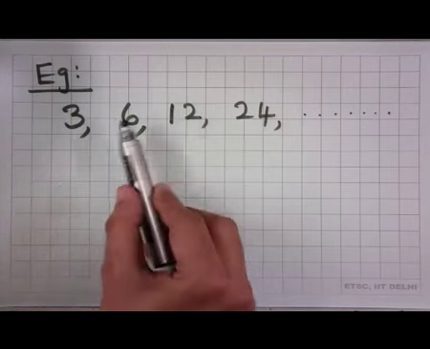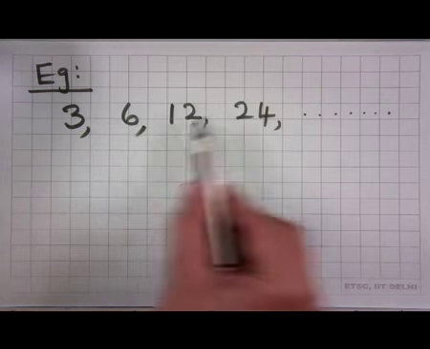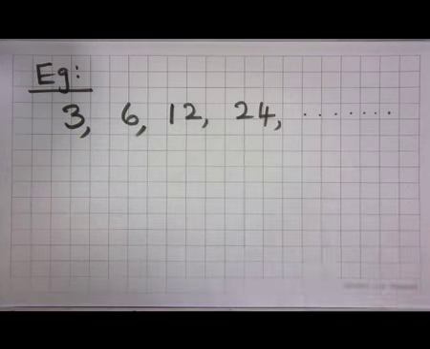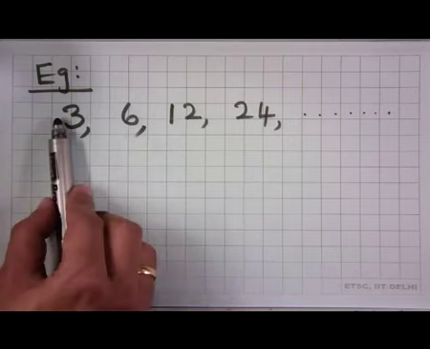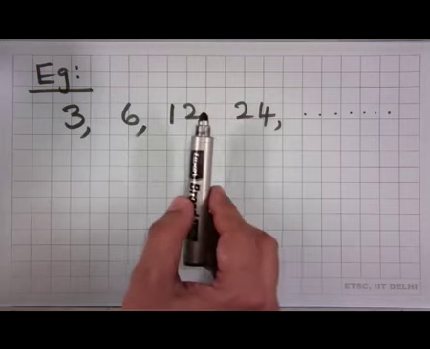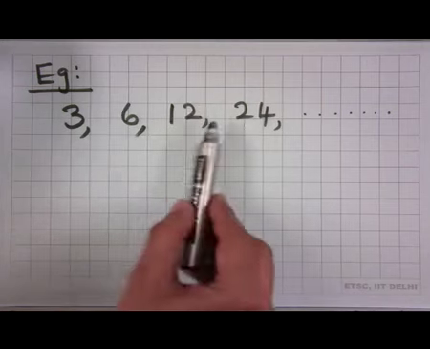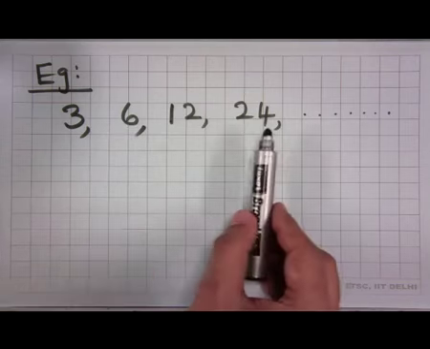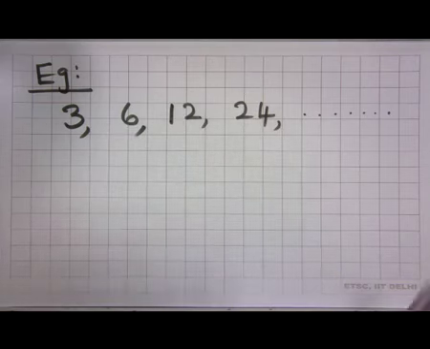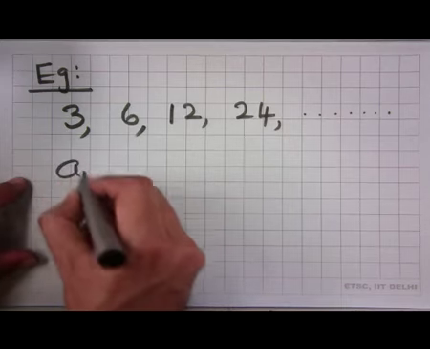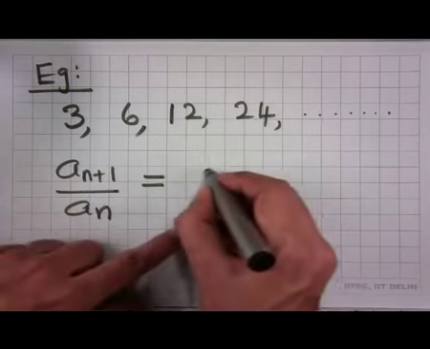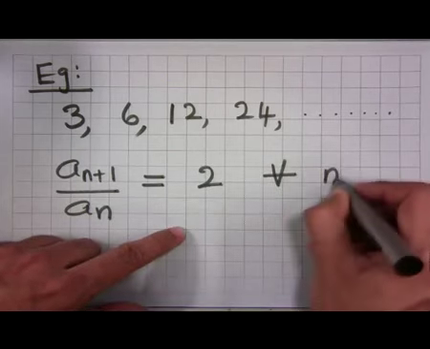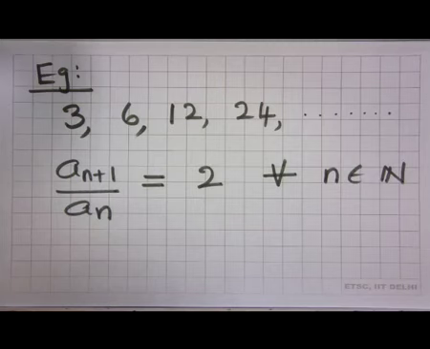The third term is the second term multiplied with 2, and so on. To put it in other words, the second term by first term, 6 by 3, is the same as the third term by second term, 12 by 6, is the same as the fourth term by third term, and so on. Here a_(n+1) by a_n is equal to 2 for every n, with the assumption that this pattern follows.